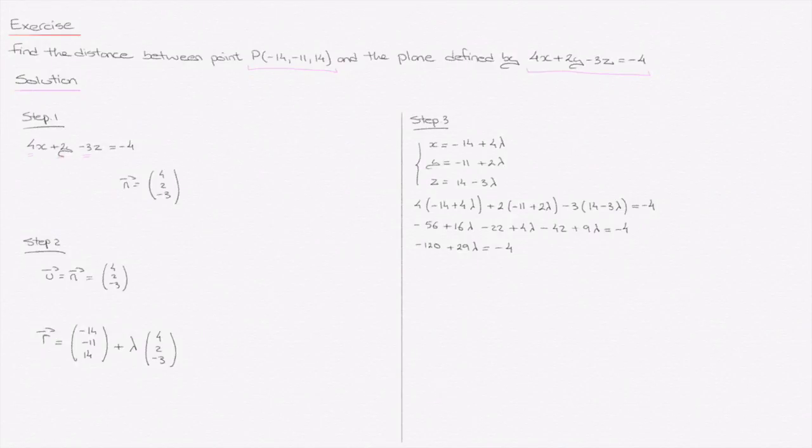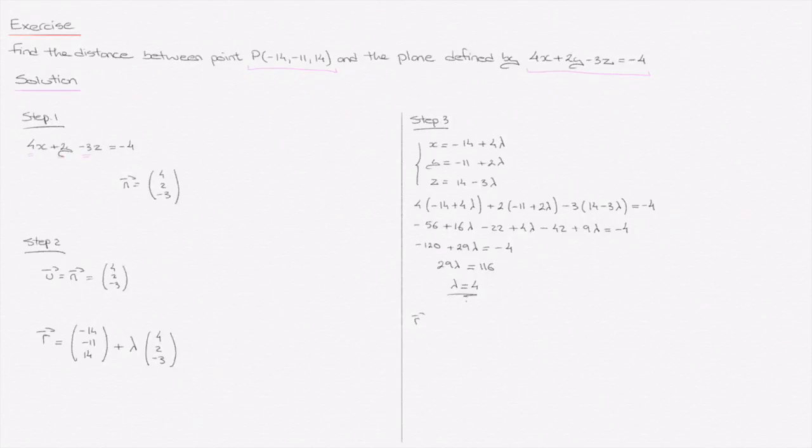That leads us to 29 lambda equals 116, and therefore lambda is equal to 116 divided by 29, which gives us lambda equals 4. Now that we know the value of the parameter lambda, we can calculate the coordinates of the point of intersection, which we'll call Q, by substituting lambda equals 4 into the line equation we found in step 2.